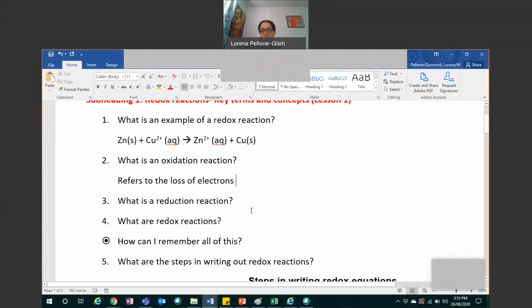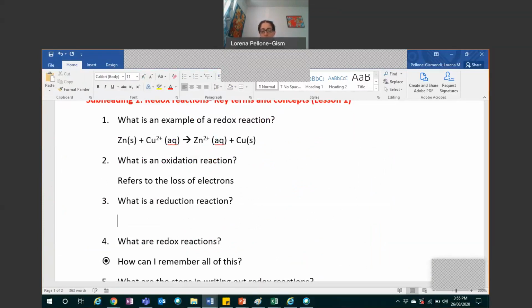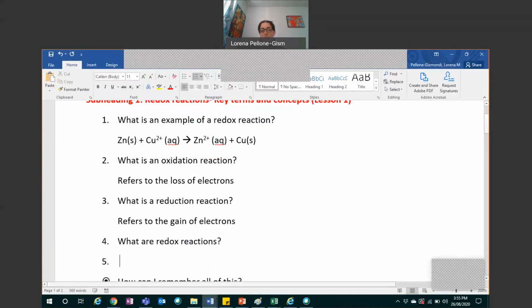And reduction refers to the gain of electrons. What are redox reactions? Well, they are simply the transfer of electrons.